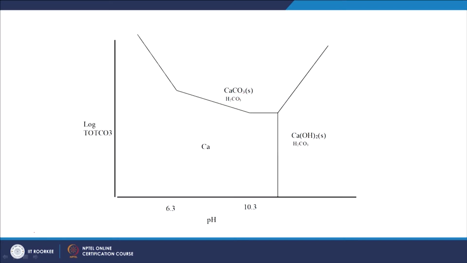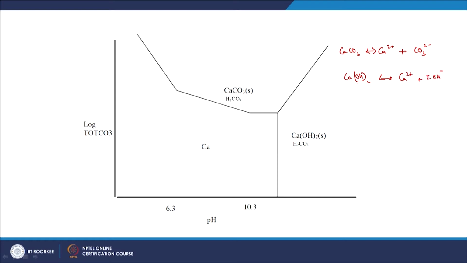Keep in mind that at lower pH and at lower log total CO3, we have two ways that Ca2+ can precipitate out: with CO3 2-, as CaCO3, or as Ca(OH)2.